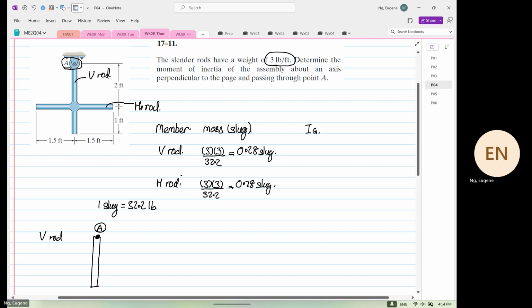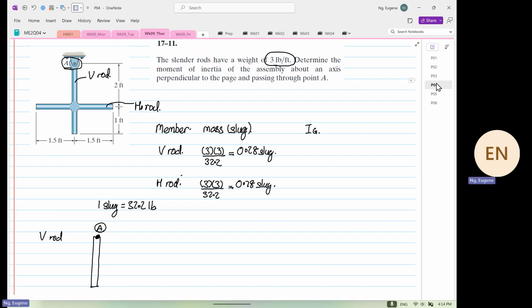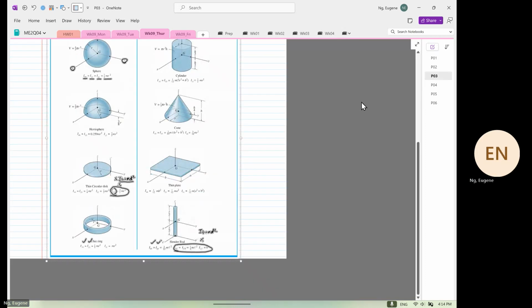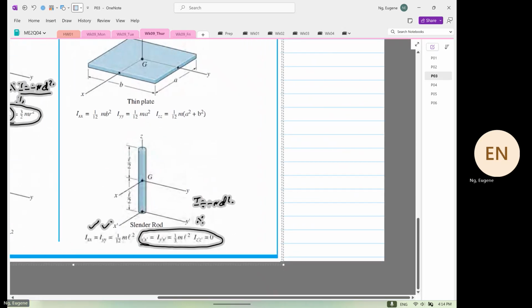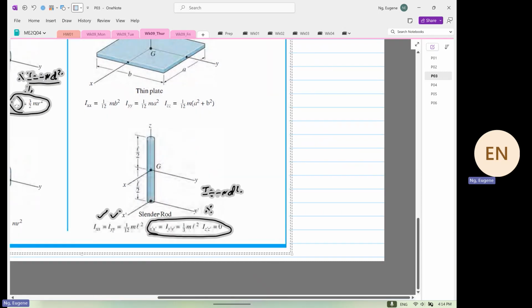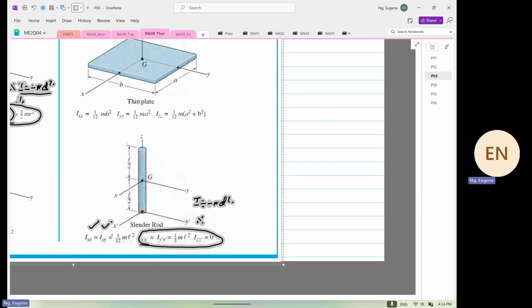Which formula do we use? We go over here and look at the rod. It's a slender rod, and you can use either IX prime or IY prime. So the answer is 1/3 ml squared. You can see down here, 1/3 ml squared.